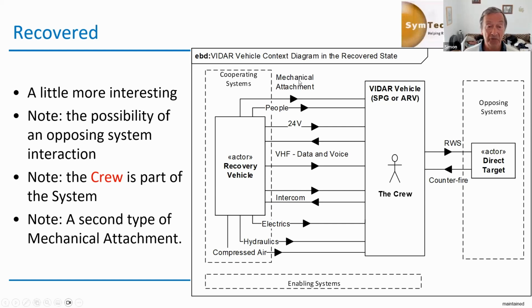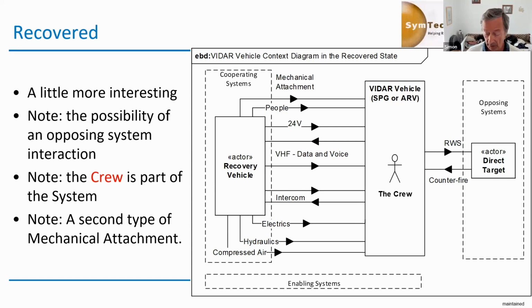What are the mechanical forces needed to pull a vehicle out of a ditch? Are they the same mechanical forces that need to secure this vehicle on a train, an airplane, etc.? So this is, again, finding this commonality was really important for our development. So that's the recovered state diagram.